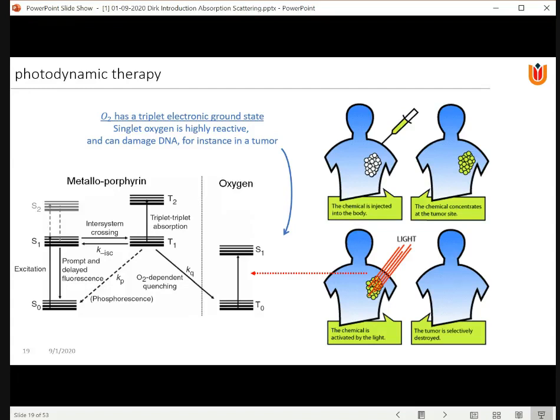Then, with light, if you suspect where the tumor is, if you know the location, you turn on the laser and you make this whole excitation cascade. So the excitation, then the intersystem crossing, then the coupling to oxygen, and then the oxygen does its damage. It's selectively destroyed there.